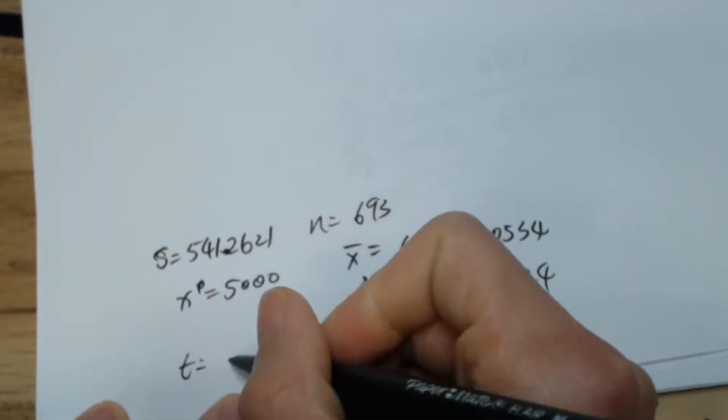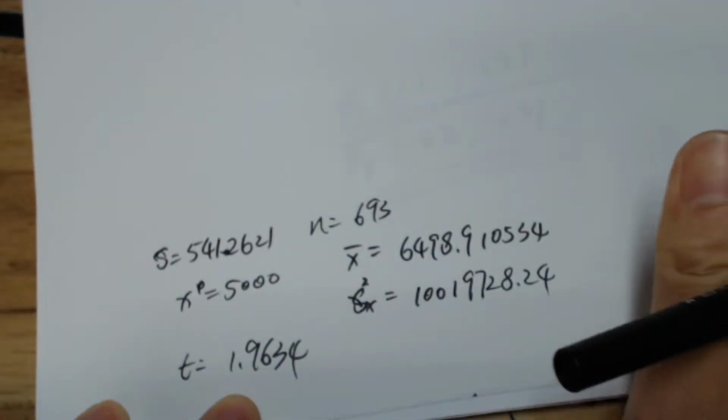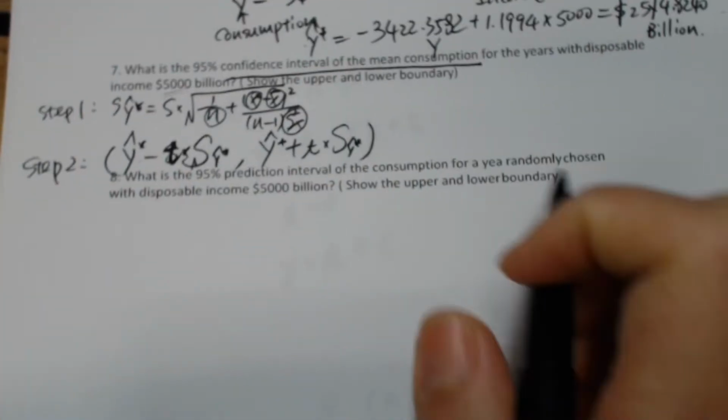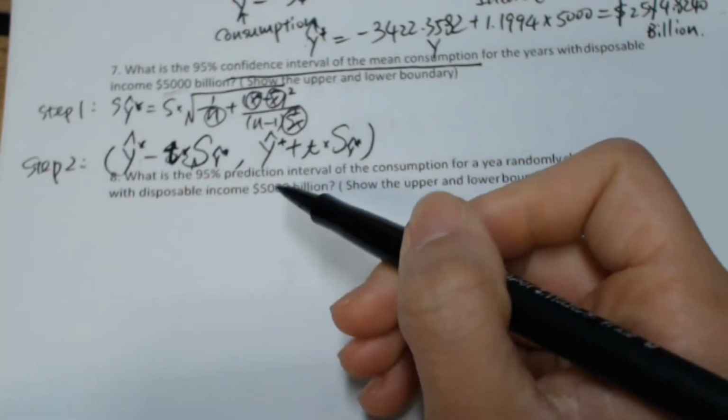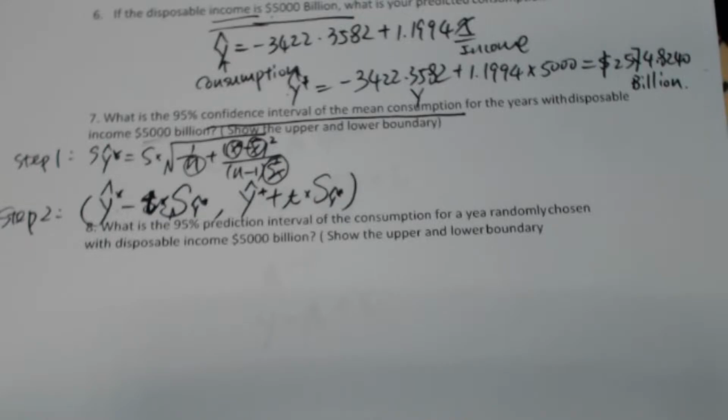So now we can write down the value we have here: t stats equals 1.9634. Now you have all the values you need to calculate the two steps. In order to figure out the final answer, the technique I will use is what you learned from your computer skill 4, because that is more effective and less likely to make mistakes.